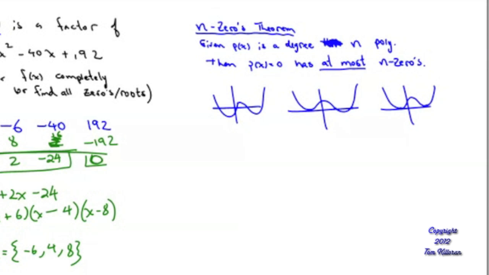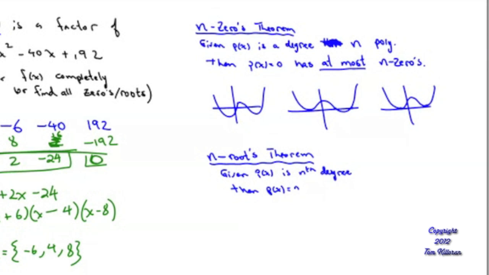All right, then there is the N roots theorem, which is very close to the N zeros theorem. It states: given p of x is nth degree, then p of x equals 0 has exactly n roots.